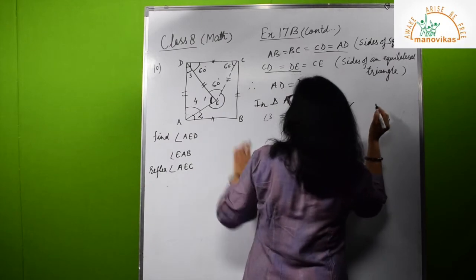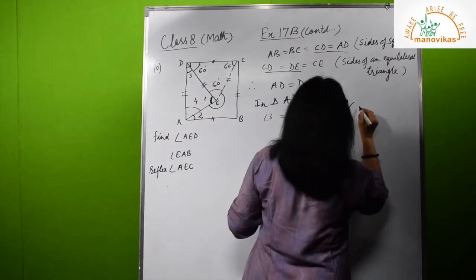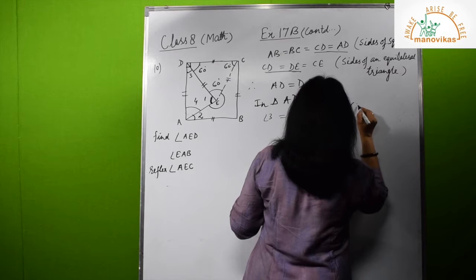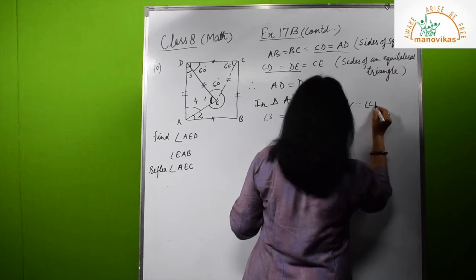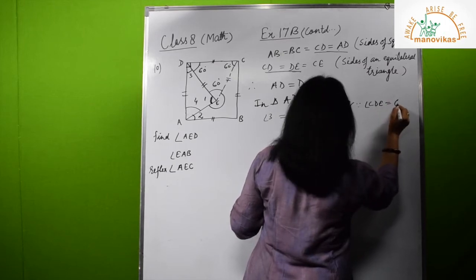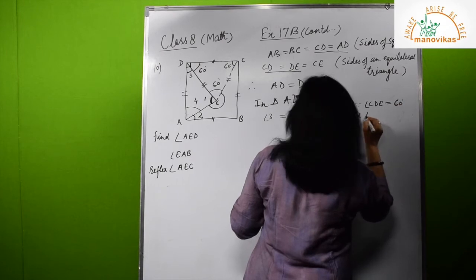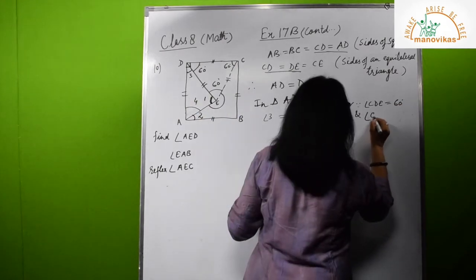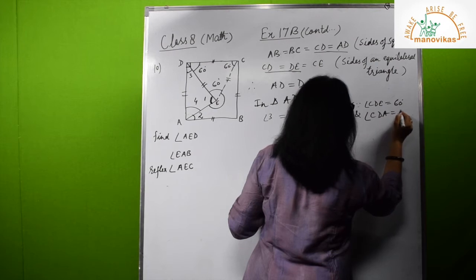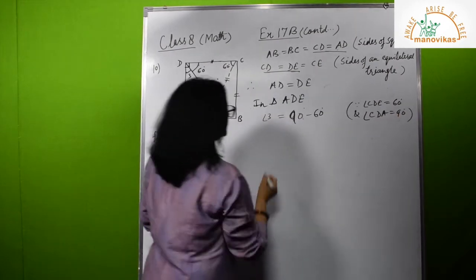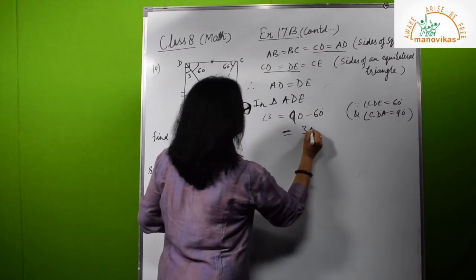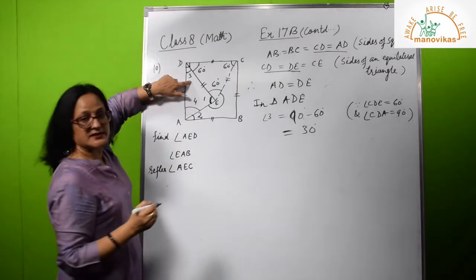Why? Because this angle is 60 degree, since angle CDE is equal to 60 degree and angle CDA is equal to 90 degree. So angle 3, this way we have found, is 30 degree. This angle is 30 degree.